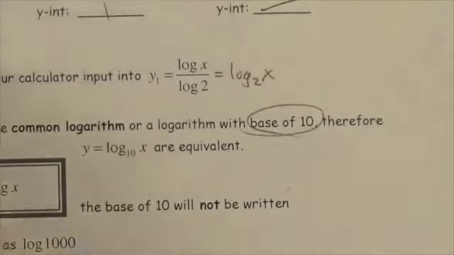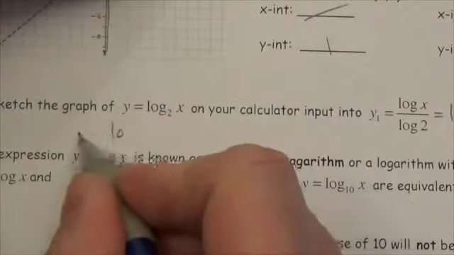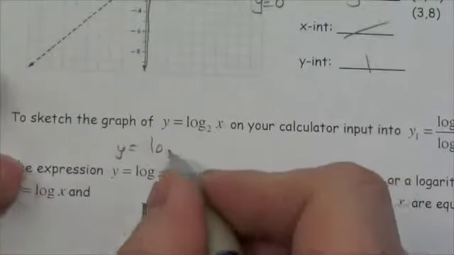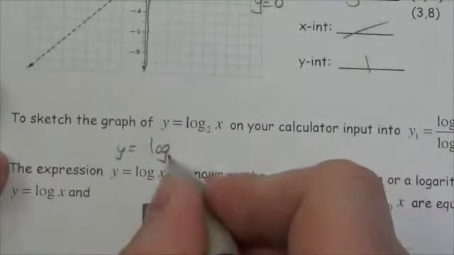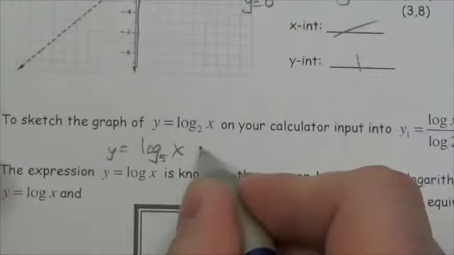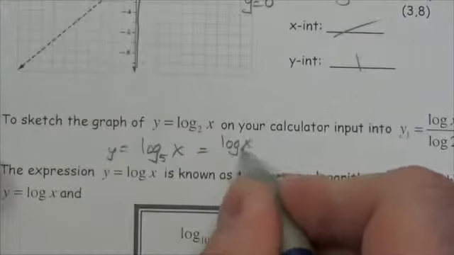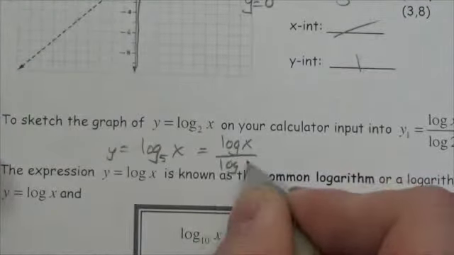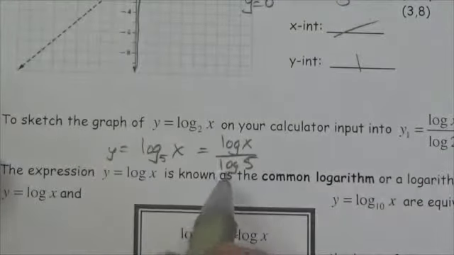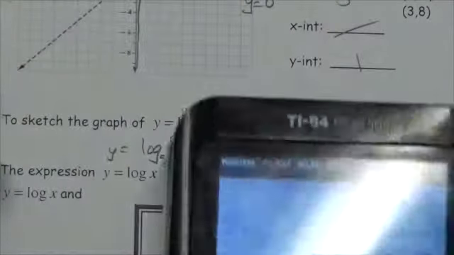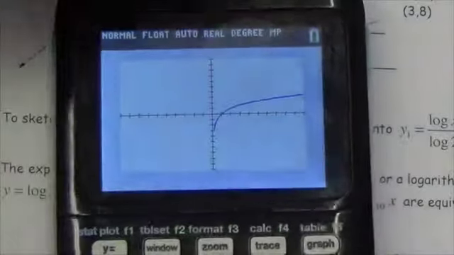And in fact, you could do this with anything. For example, if we had y equals the log base 5 of x, then what we would do is make this the common log of x divided by the common log of 5. And let's do that just to see how they compare.